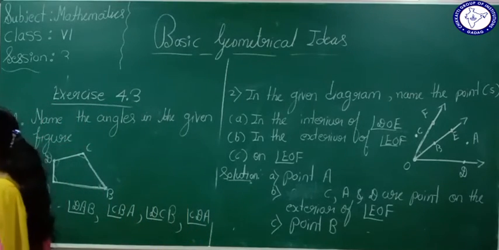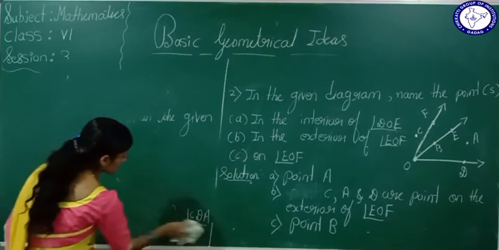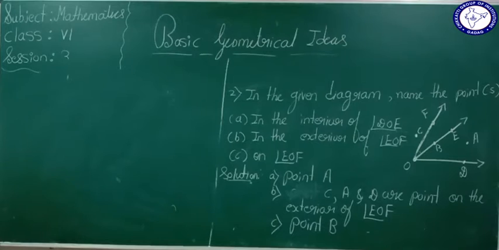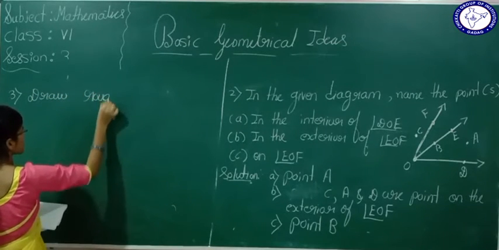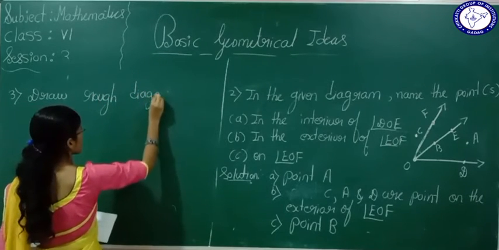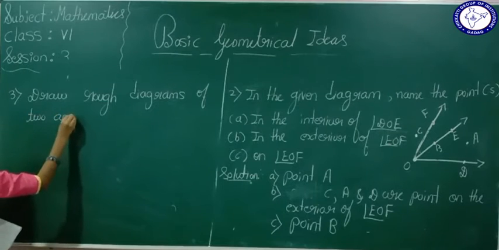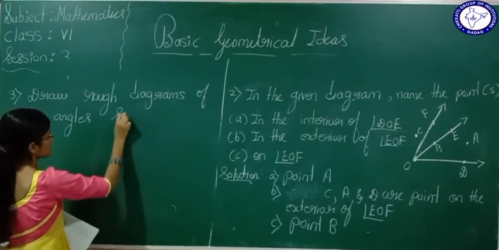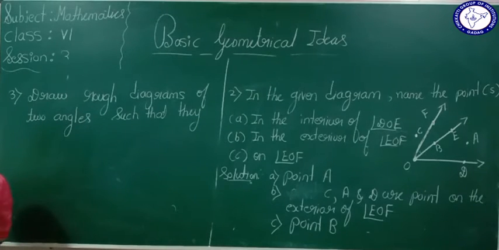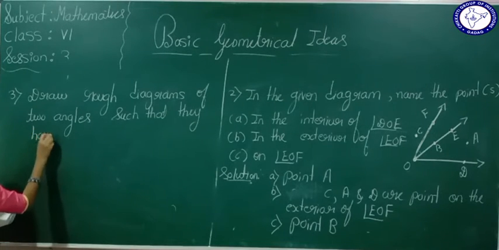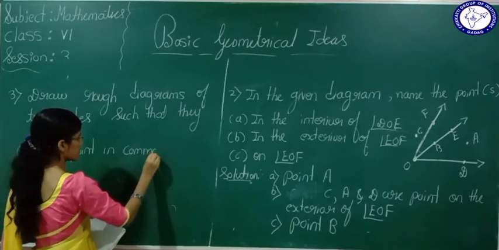Now this is about the second one. So now we will see the third one. In the third one, what they are given: draw rough diagrams of two angles such that they have: first one, 1 point in common.